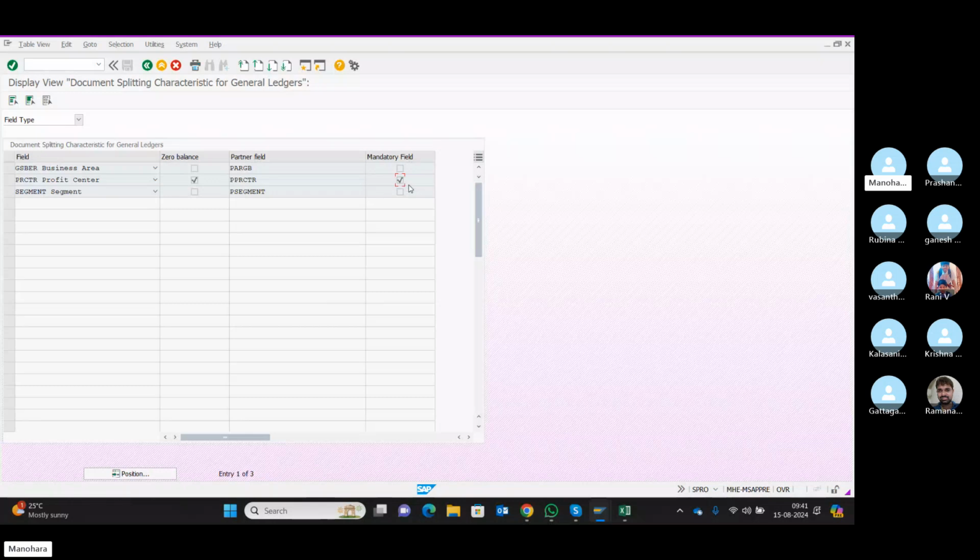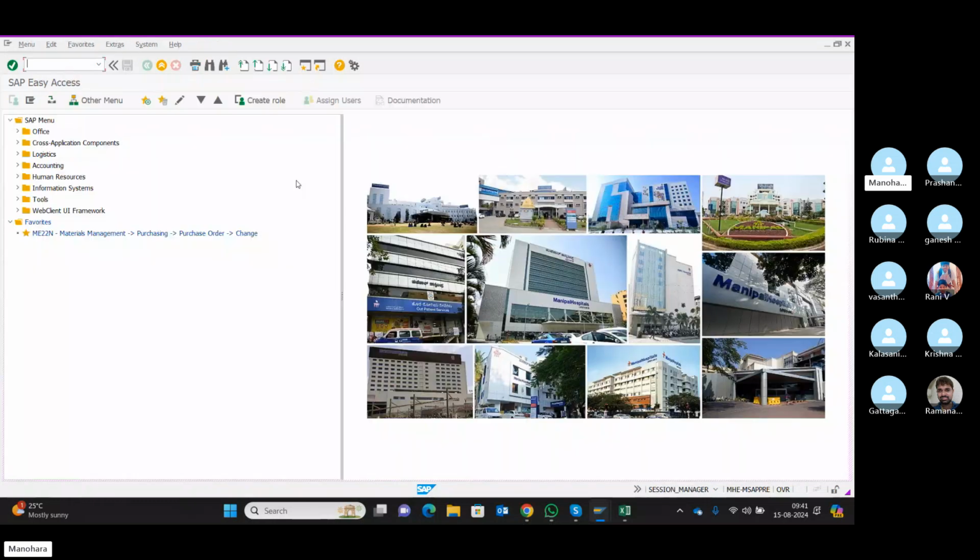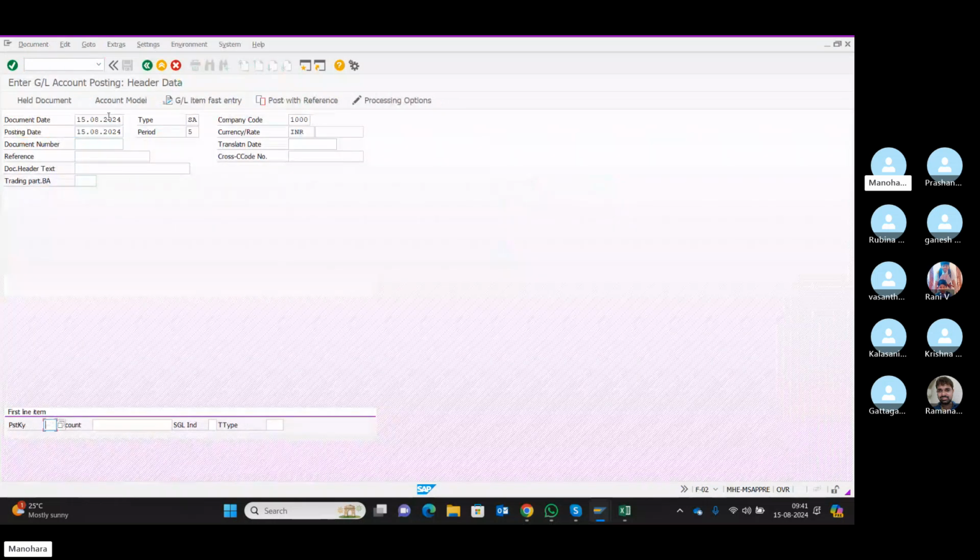When the user is posting documents, any document, whether a purchase document, sales document, or FI document, in real time, he may forget to give the profit center. For example, F-02. I am the user. I know the profit center, but I forget to give it.